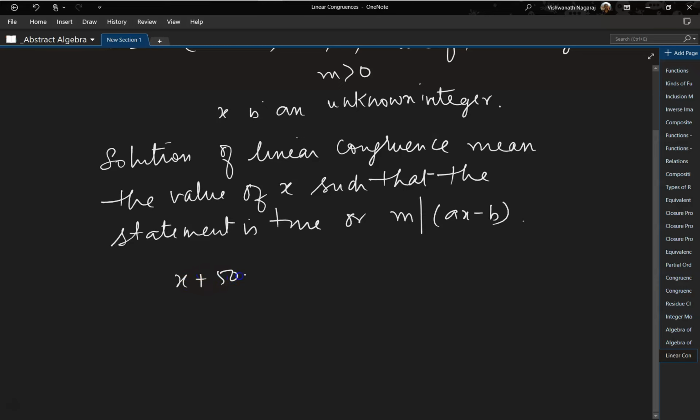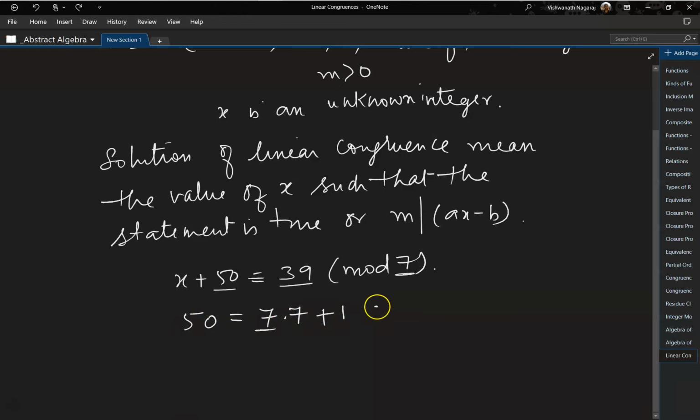X plus 50 is congruent to 39 mod 7. Here we take 50 and 39 and figure out the smallest value for this in mod 7. So 50 can be written as 7 times 7 plus 1. 7 comes from here and we figure out the multiple which takes it nearest to 50, and whatever is remaining becomes the remainder.